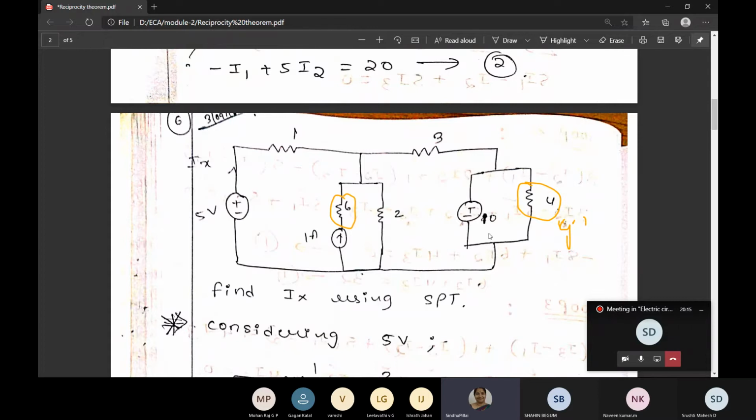Since the 1 amp has a parallel 2 ohm resistor, you can do source transformation here. You can convert this 1 amp to a voltage source and solve the network for convenience. If you go with the current source only, there will be 3 loops, so the equations will increase. So try to solve this problem and find the current Ix.